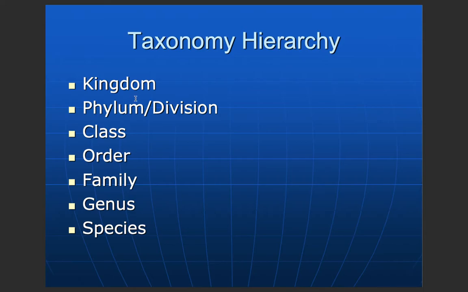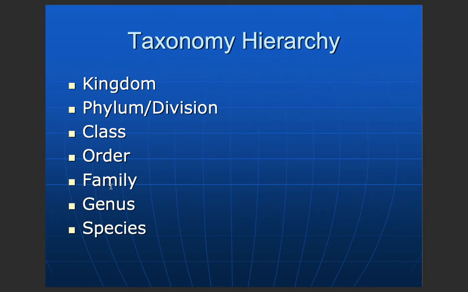When they are differentiated, they are divided into different subgroups which are known as phylum in case of animals, and in case of plants they are known as divisions. When these are further differentiated into another subgroup, it is known as class. Class is further divided into order.